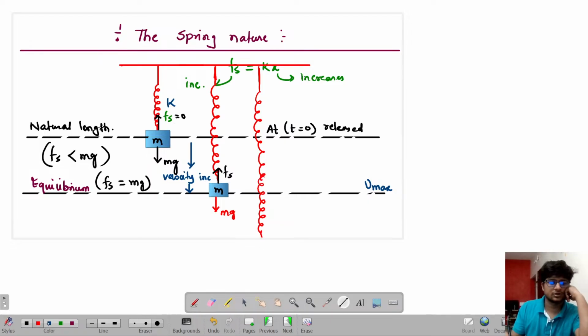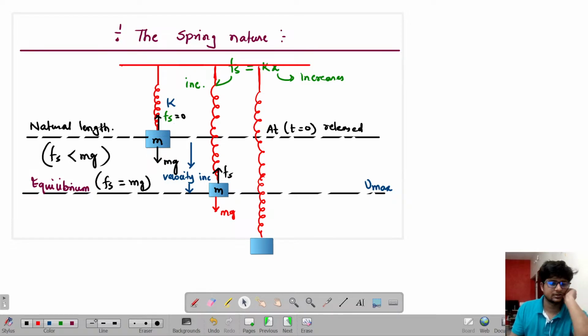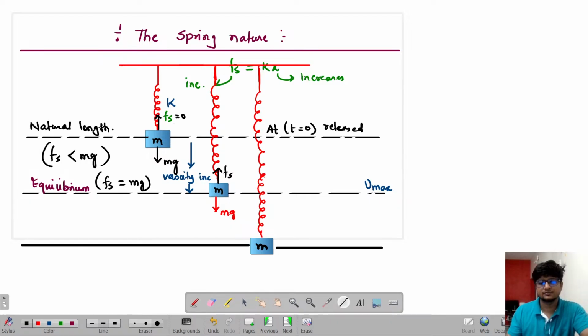It will furthermore expand the block, and over here it will come. Now as it comes over here, in this region, our spring force will start dominating as it goes down.